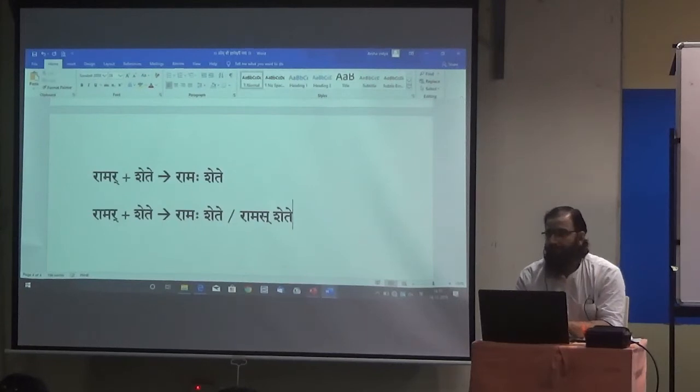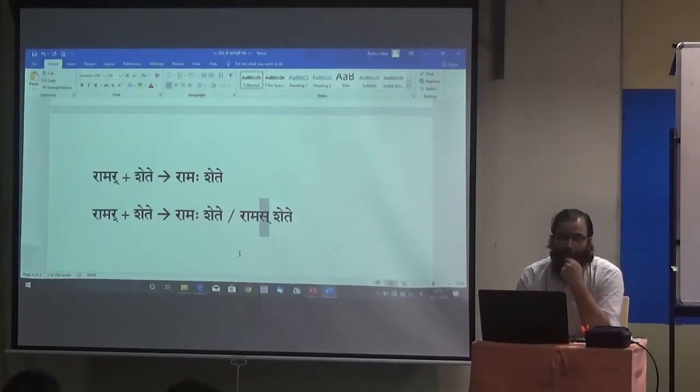Ramas shete. Uttishtata, jagrata. Okay. You get? Ramas shete. The Repa is replaced by Sakara. So the original form. Back to the original form. Yes or no?